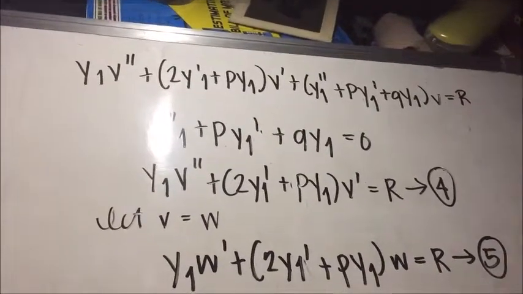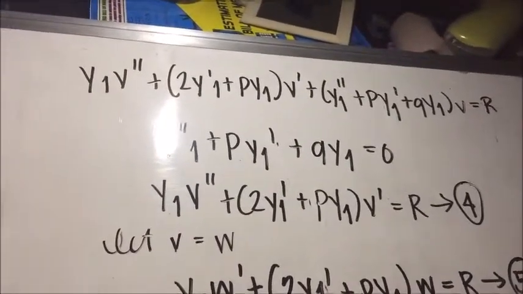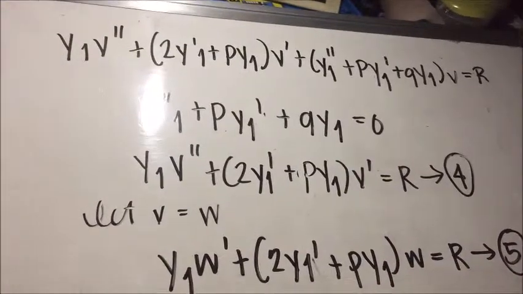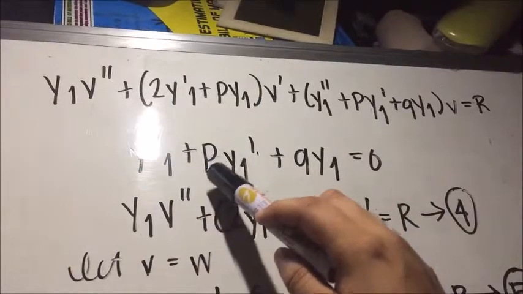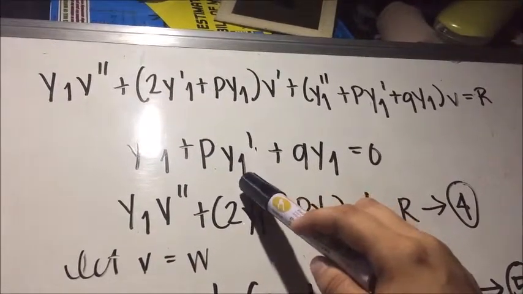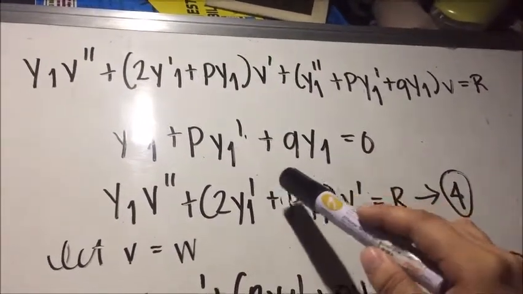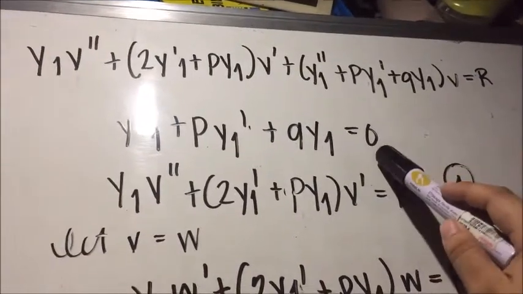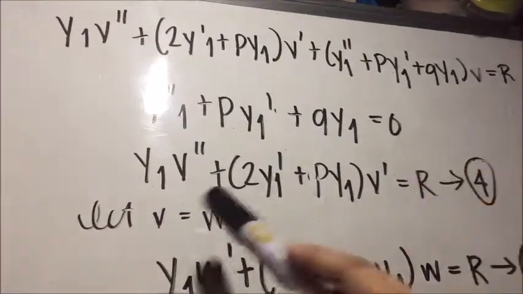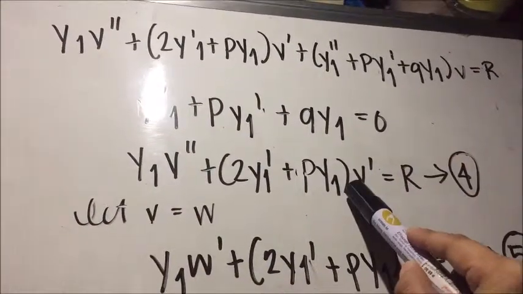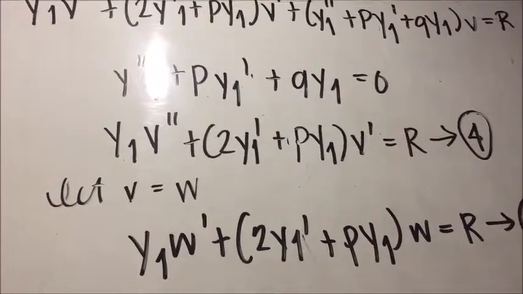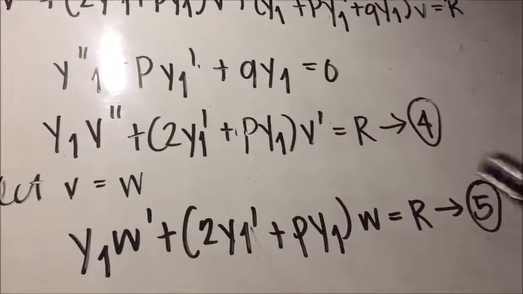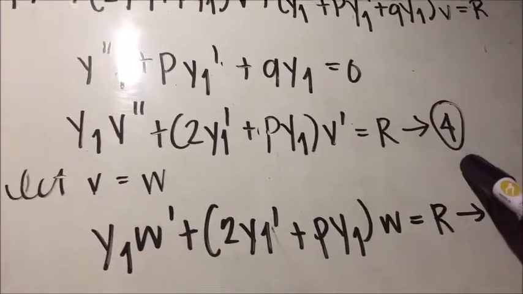But y is equal to y1 is a solution of 2. That is, y1 double prime plus p y1 prime plus q y1 is equal to 0. And equation 4 reduces to y1 v double prime plus (2 y1 prime plus p y1) v prime is equal to r.